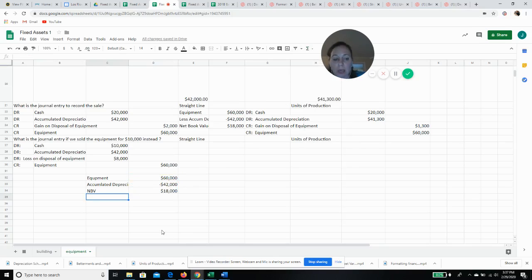Okay, so if I have a net book value minus the cash received is 10,000, go ahead and put that as a negative. Then I have a loss of $8,000.